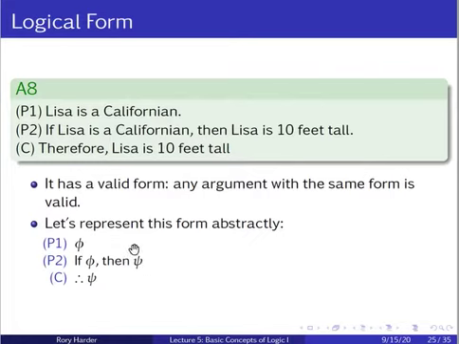The reason I'm using these is to represent that any argument where you replace one sentence for phi in premise 1 and 2, and then replace another sentence for psi in premise 2 and the conclusion, for any sentences you fit in for phi and psi, you will get a valid argument. So here, for instance, the sentence Lisa is a Californian is taking the value of the variable phi, and the sentence Lisa is 10 feet tall is the value of psi.